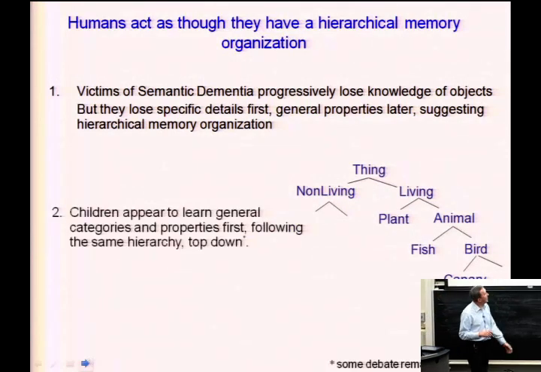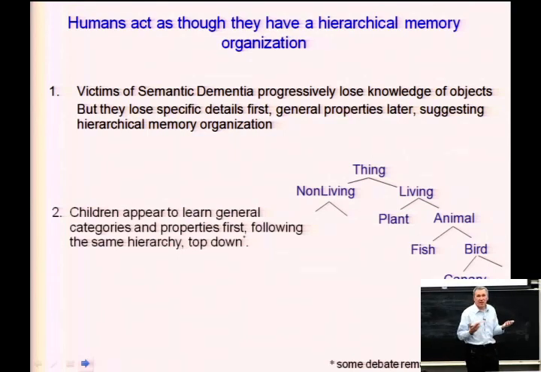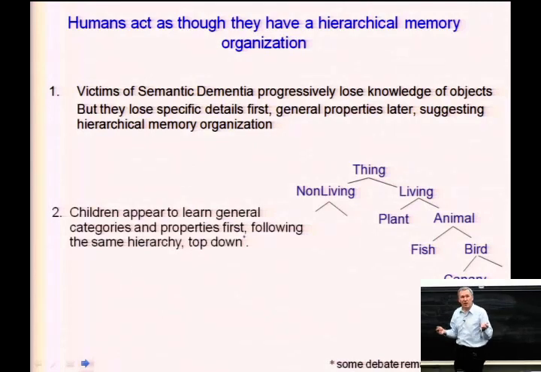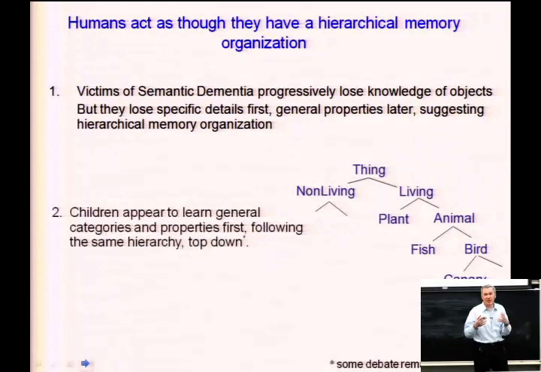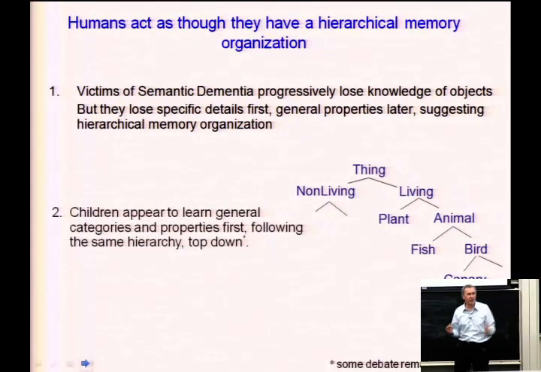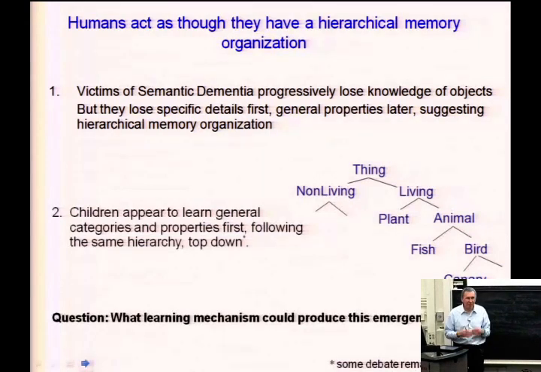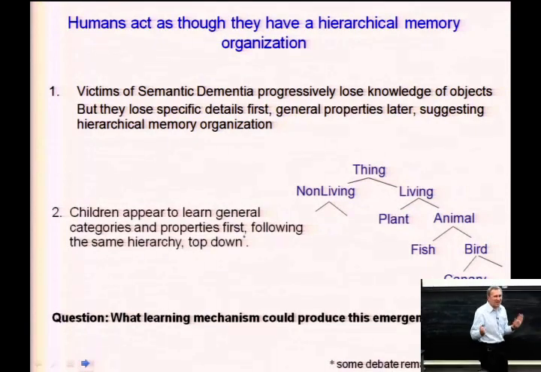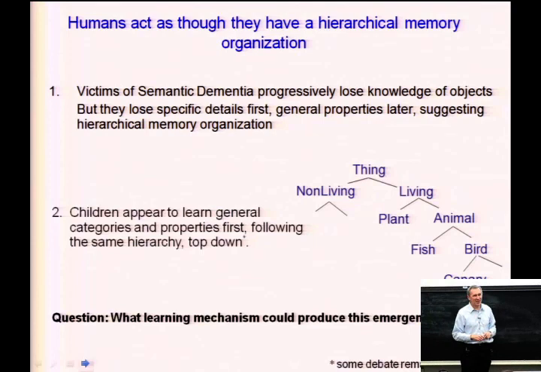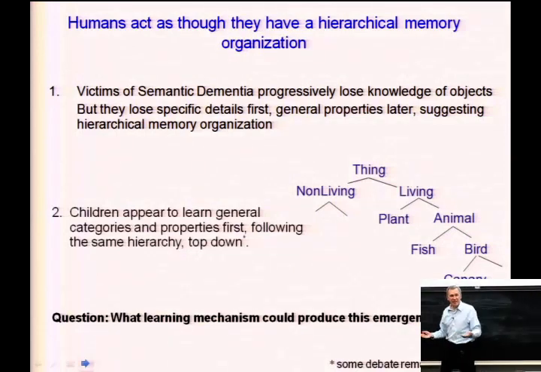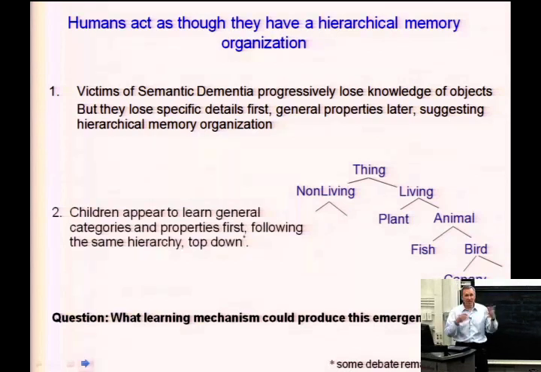And they also point out that children, when they learn to speak, for example, first learn a word like bird, and then sometime later they learn distinctions like canaries versus robins versus roosters, etc. So there's a lot of evidence that people act as though they have some kind of hierarchical organization of concepts and memory. And so they're interested in the question of what learning mechanism could produce this kind of emergent hierarchy from the stuff we encounter.